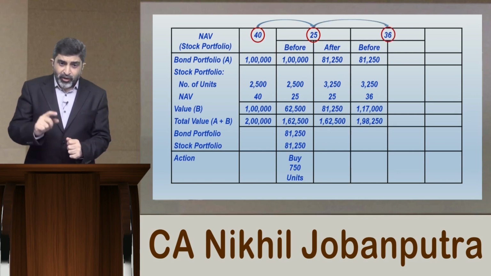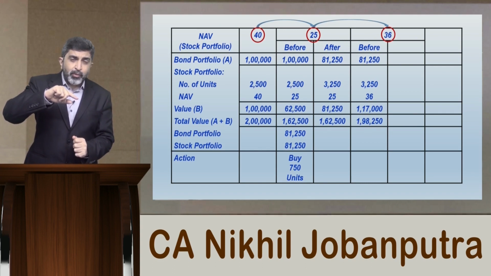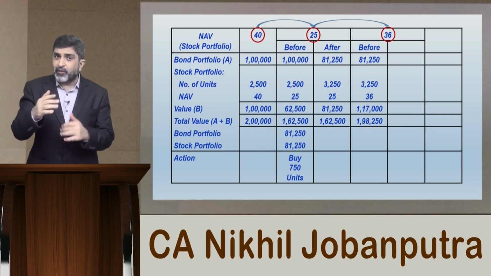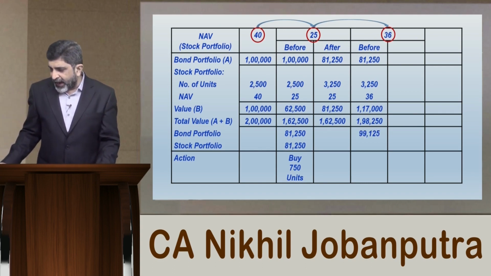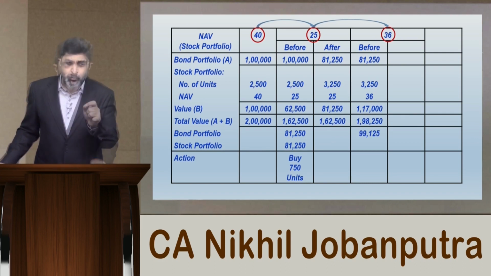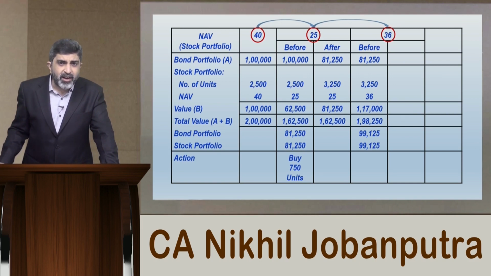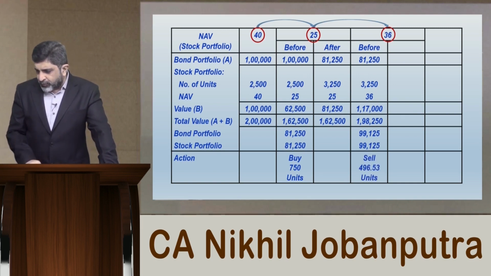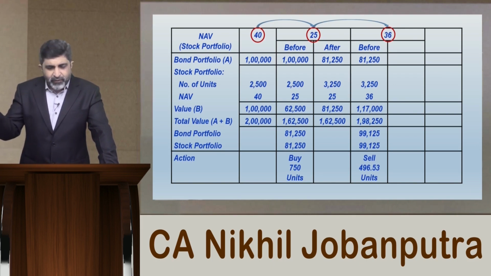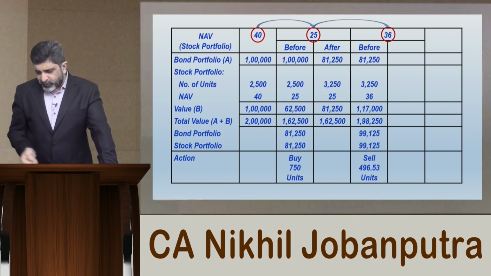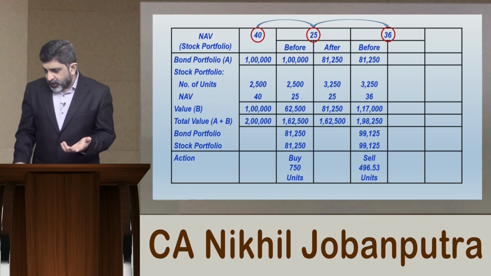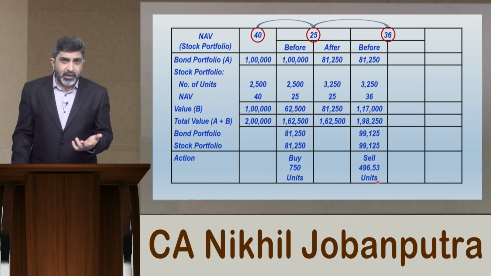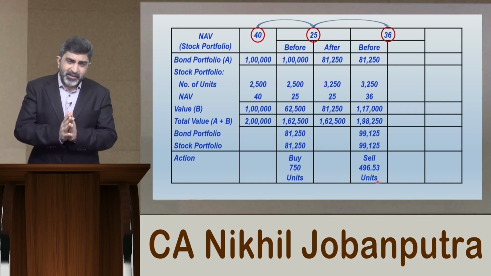So 99,125 will happen because the movement was from 25 to 36, which was a 44% movement, and 99,125 should be in your bond portfolio, and 99,125 should also be in your stock portfolio, where the aggregate would come to the total amount of investment, that is 1,98,250. The question is, what should be the action over here? This action you need to precisely understand.